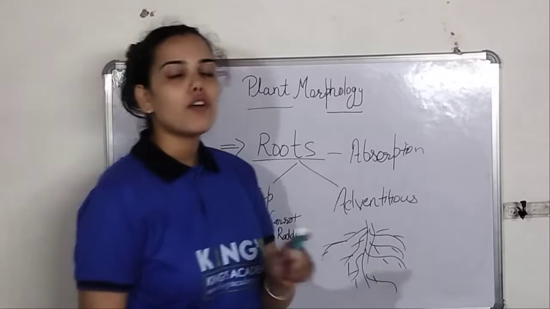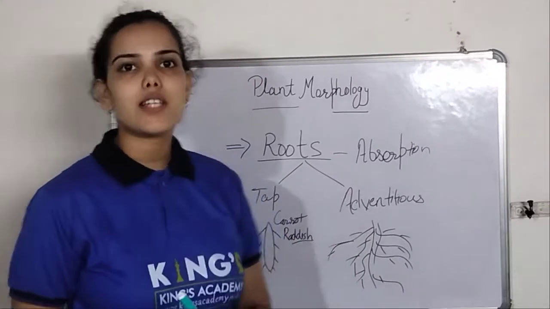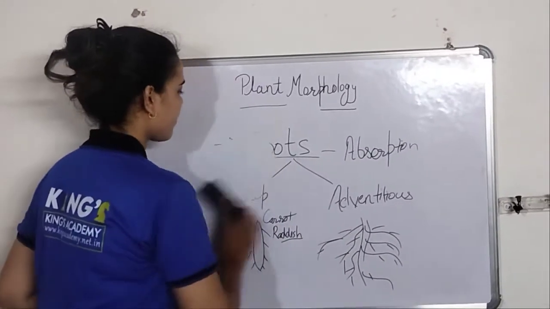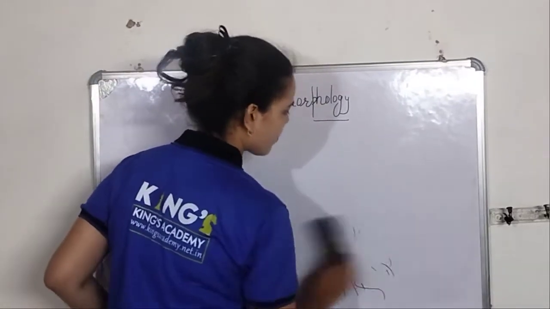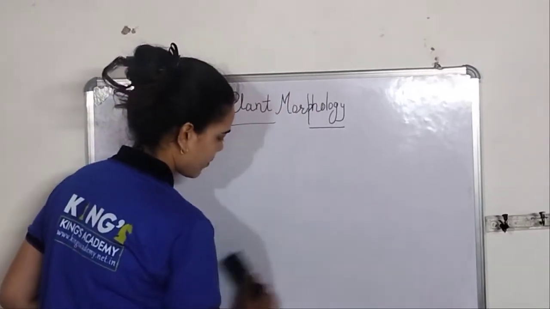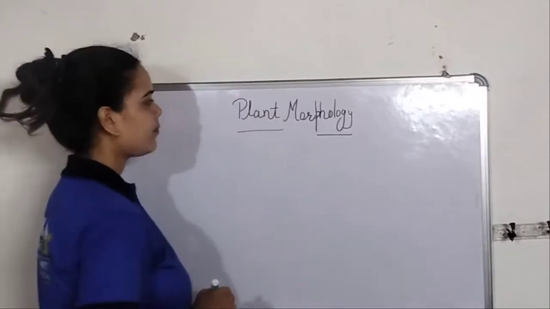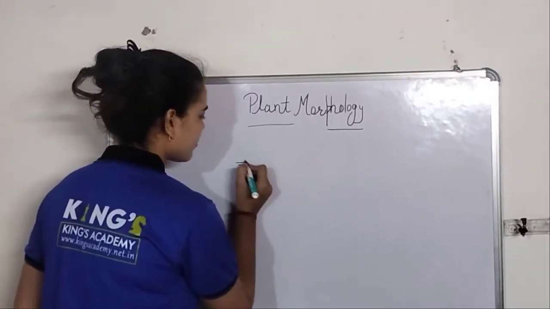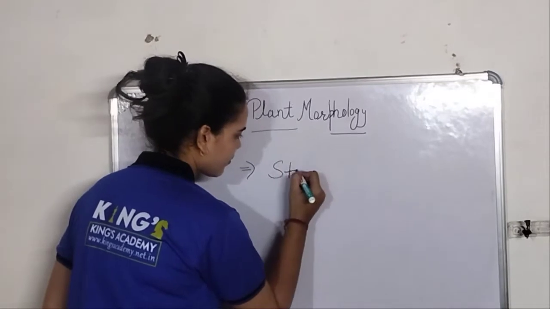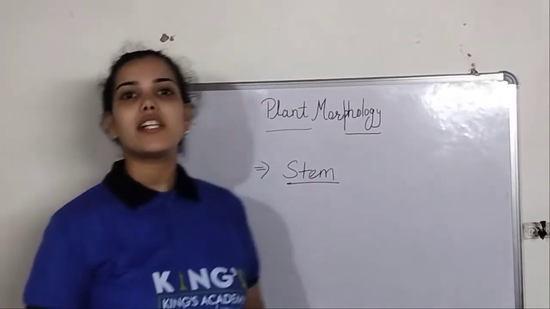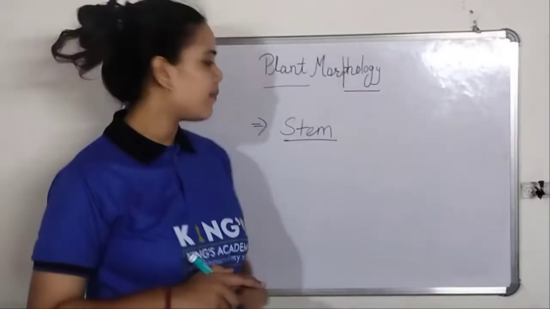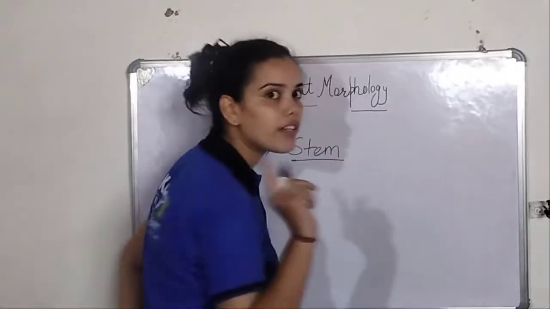So the next part of the plant that we are going to discuss is stem. So what is stem? We all know that stem. Let me draw a diagram over here.